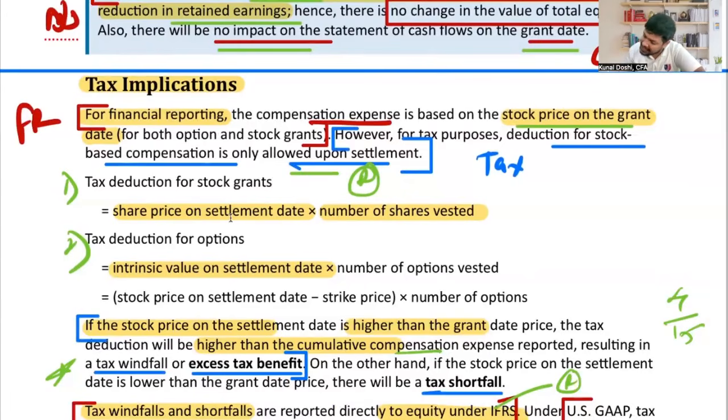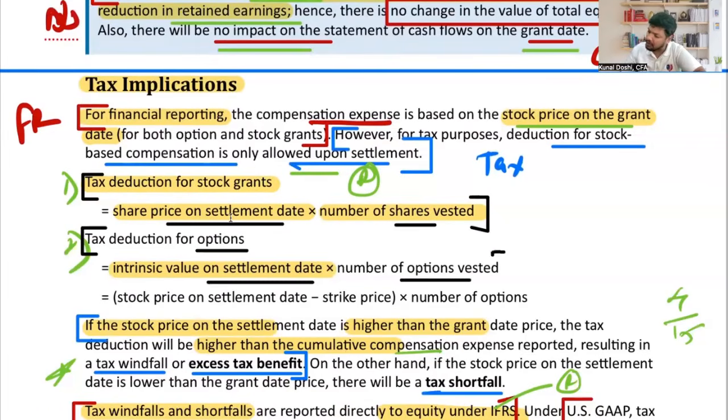So what is the tax deduction for stock grants? See this: share price on the settlement date times number of shares, and the tax deduction for options is intrinsic value times number of options. So this is what gives me the tax deduction for grants or for options.